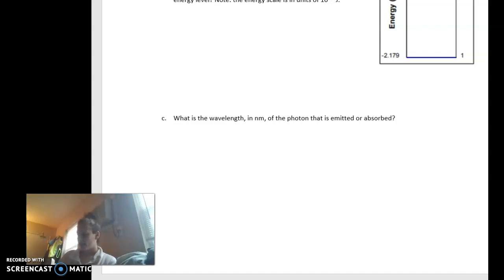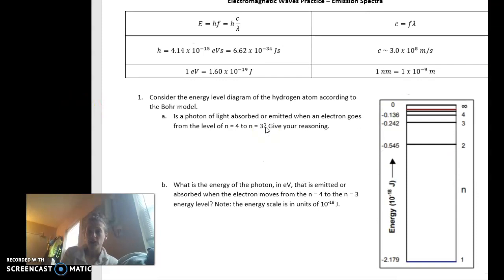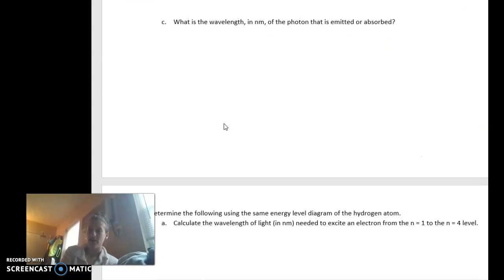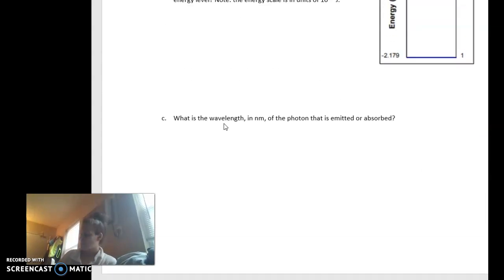We know the energy of the photon, 1.06 electron volts, so we want to use Planck's constant in electron volt seconds, which is 4.14 times 10 to the negative 15th. And we always know c, 3 times 10 to the 8th, and we would solve for wavelength.